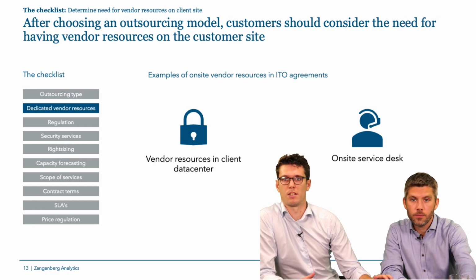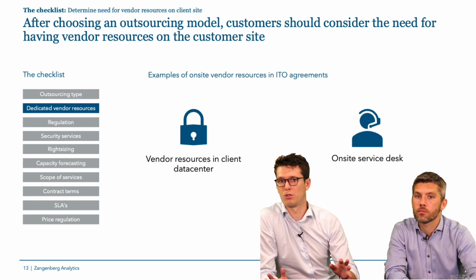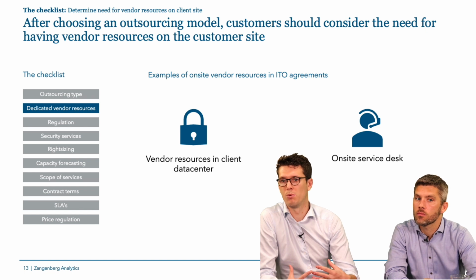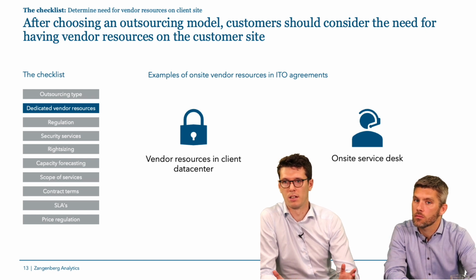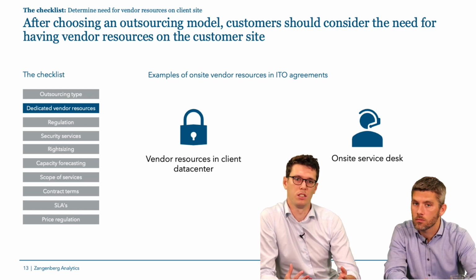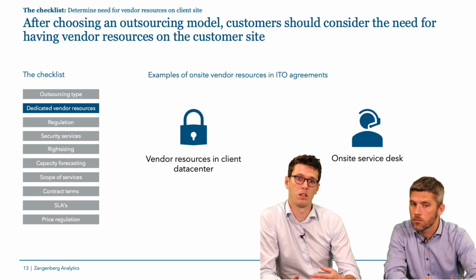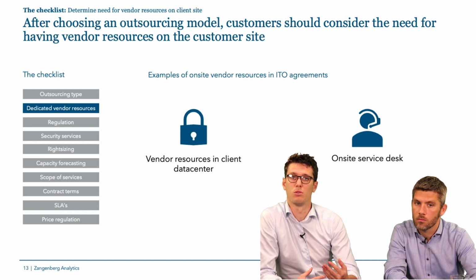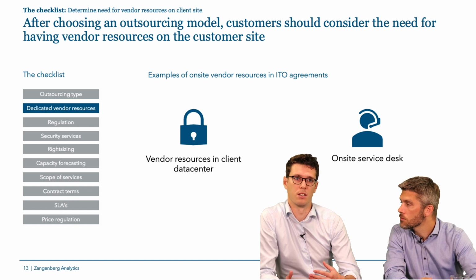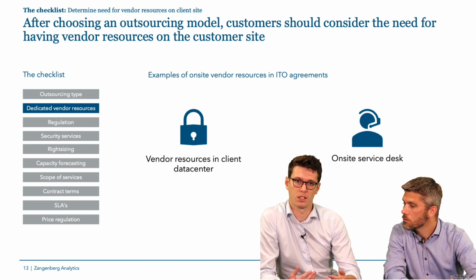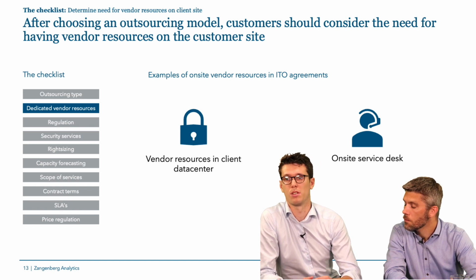The next thing is that you should determine the need for vendor resources on the client side. And this is something we see especially in two areas. One is for clients who are operating in the critical infrastructure sector or other sectors with high security requirements.